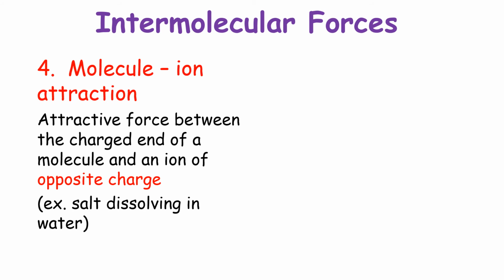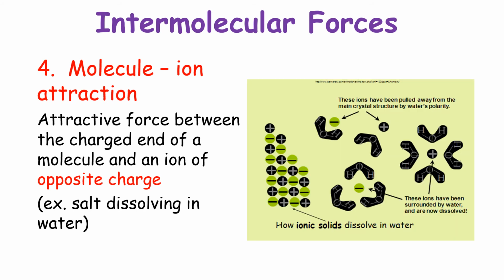For example, when you dissolve salt in water, here's a quick picture of that. Let's say we are dissolving table salt, sodium chloride, in water. You can see all those water molecules in there, H2O. When sodium chloride dissolves in water, it breaks down into the sodium ion and the chloride ion. The positive sodium ion, as you can see, is attracted towards the negatively charged portion of the water molecule, which is oxygen.